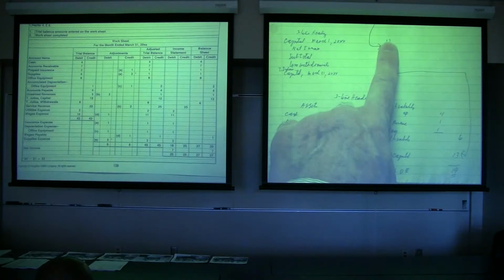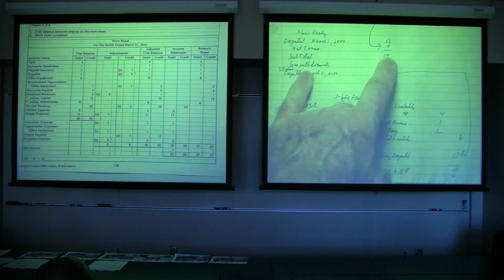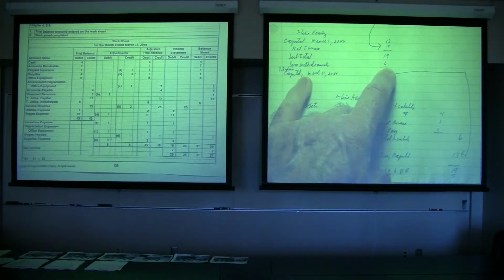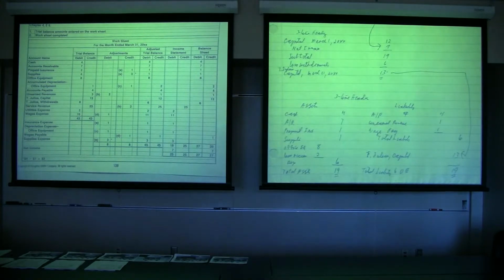So it did start out at 12. Then it increased by 7, the net income from the income statement. That made a subtotal of 19, and then there were $6 in withdrawals. That ended at 13. So it was increased by the net income and decreased by the withdrawals for a net increase of 1. Was there another hand up someplace over here? All right, if you guys are okay with that.